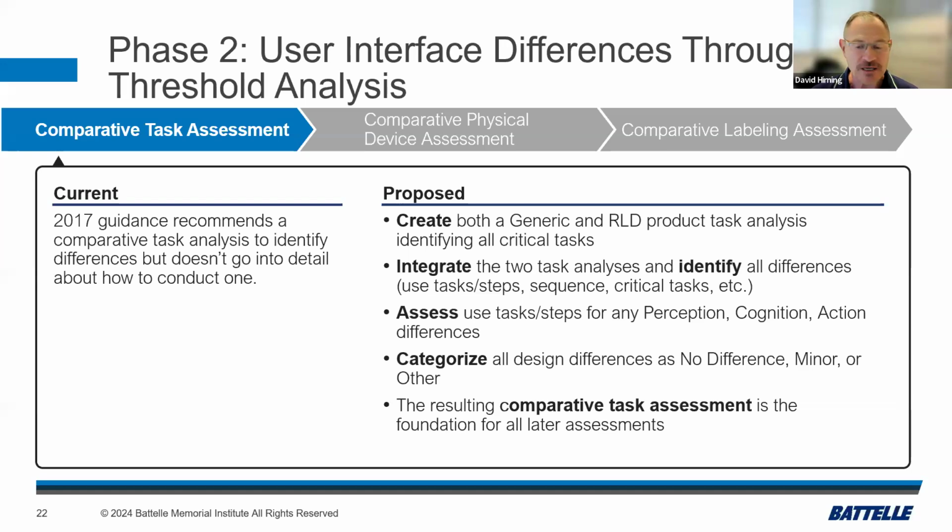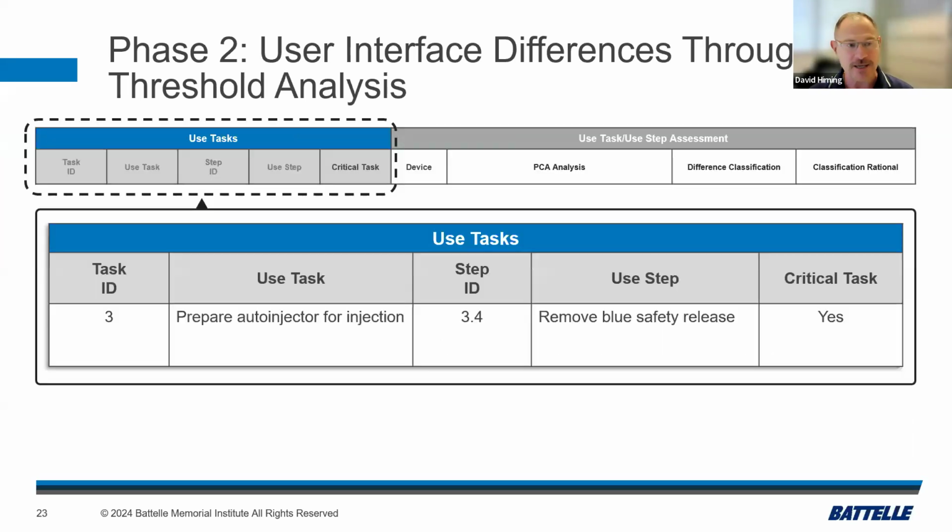The resulting comparative task assessment is later used as the foundation for the comparative physical device assessment, the comparative labeling assessment, and of course, the comparative risk assessment. Let's take a look at what a comparative task assessment may look like.